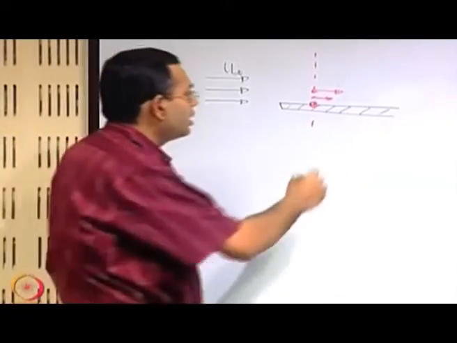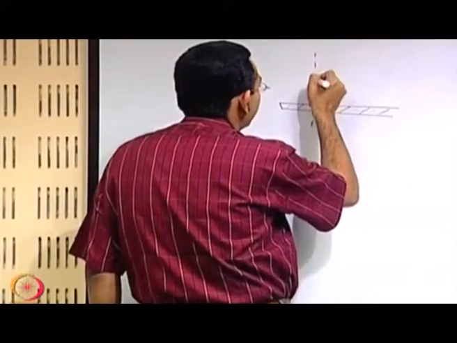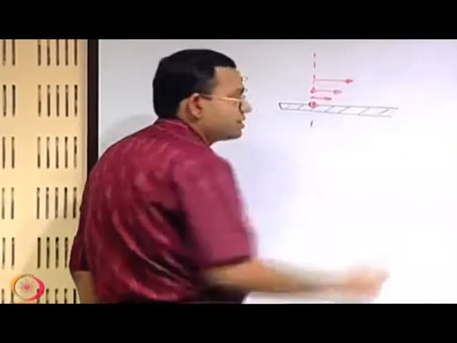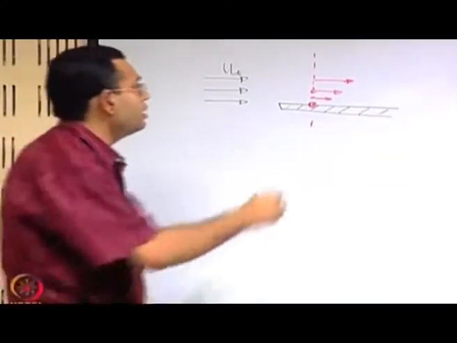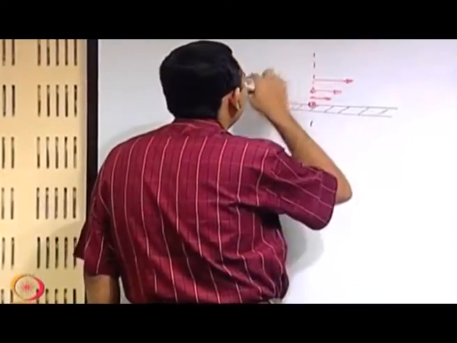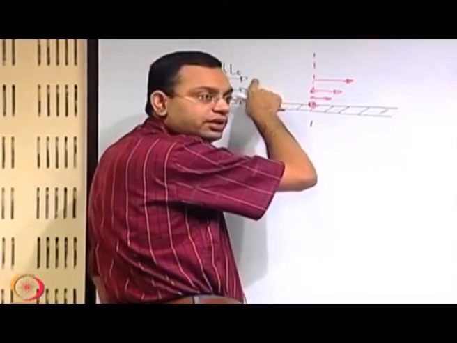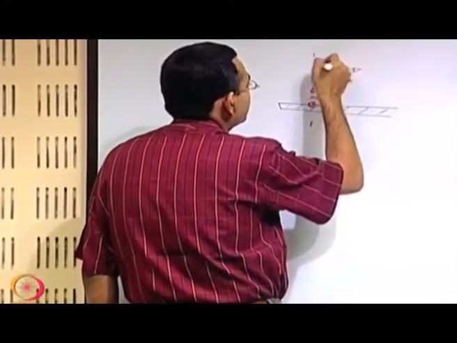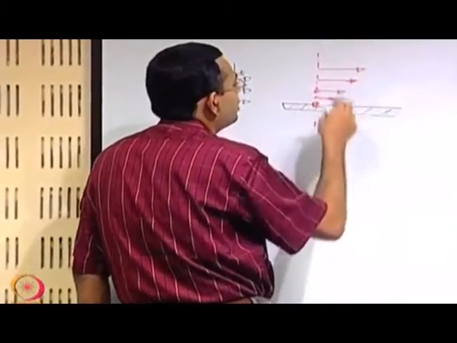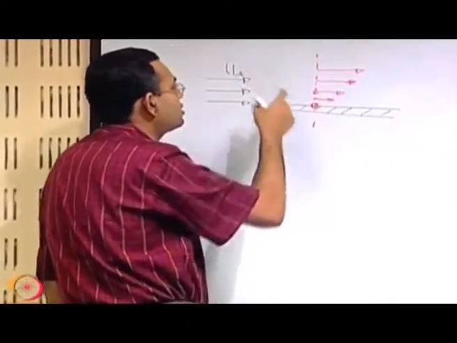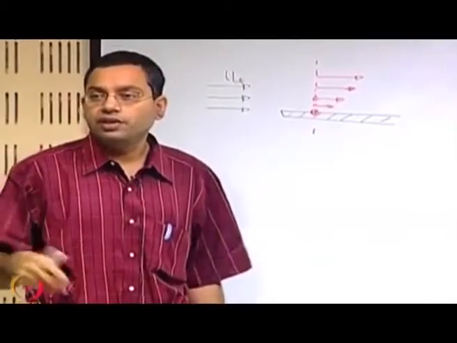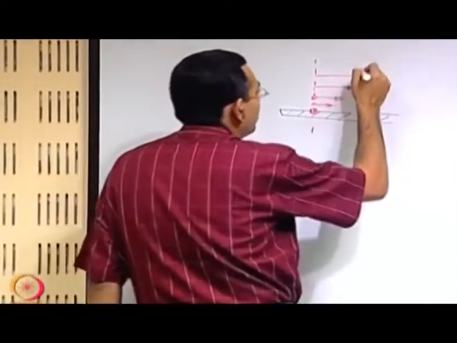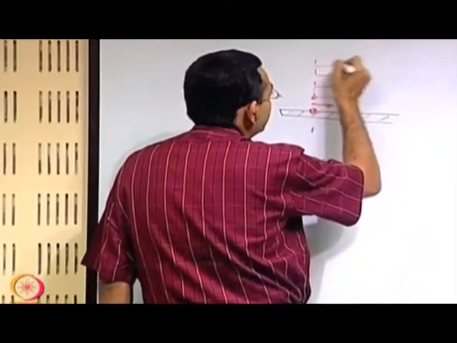In this way the velocity increases till one may reach a point. Where we reach that point is a question that we will see. One may reach a point where the velocity is almost equal to u infinity, and let us say that we are happy with a location where it is 99% of u infinity, as good as u infinity, and beyond that the velocity virtually does not change.